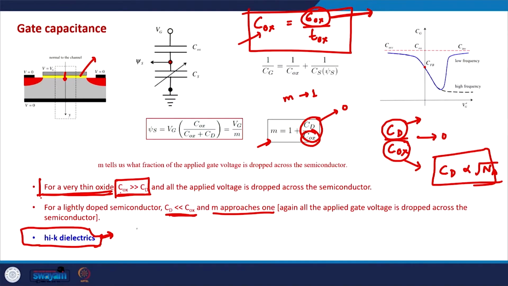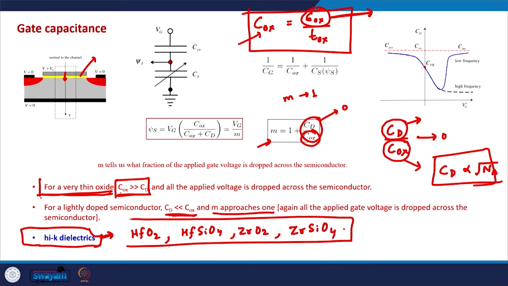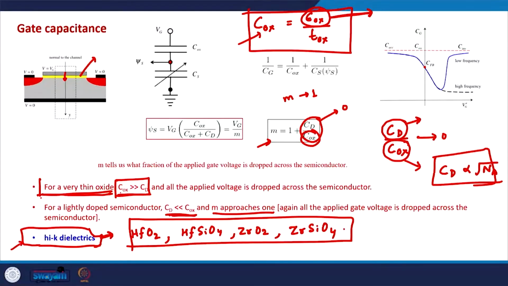But generally the high K dielectrics that are used in the MOSFET fabrication are hafnium dioxide, hafnium silicate, zirconium dioxide and zirconium silicate, because these dielectrics seem to have high dielectric constant, as well as they can be fabricated in a much better way as compared to the other oxides. Okay, so we will again come back to this point of high K dielectrics.